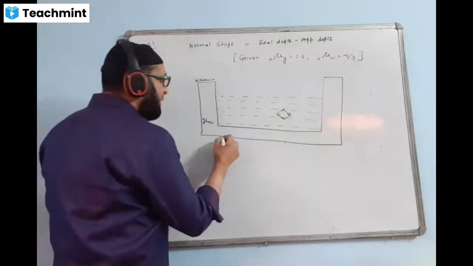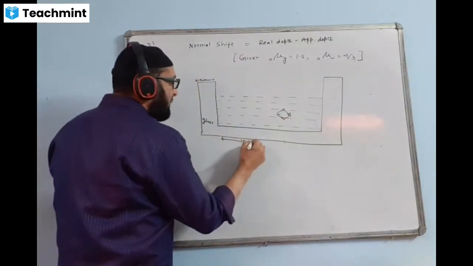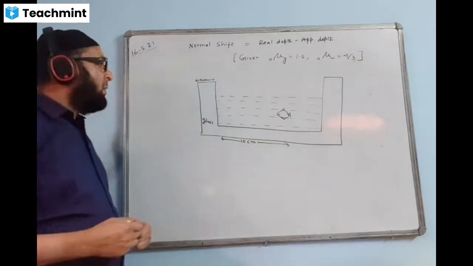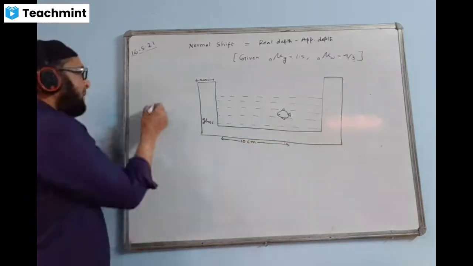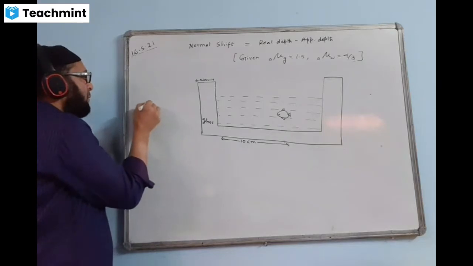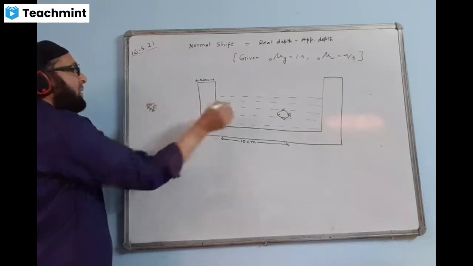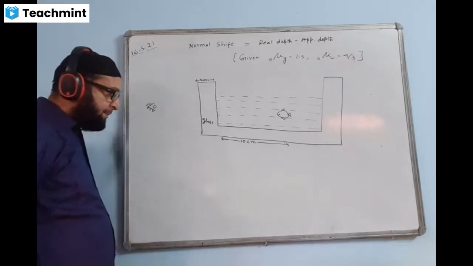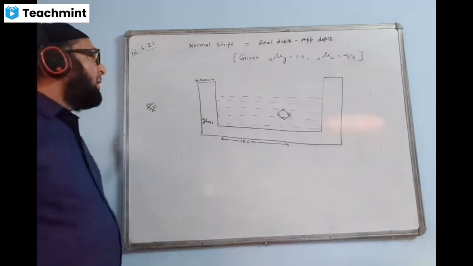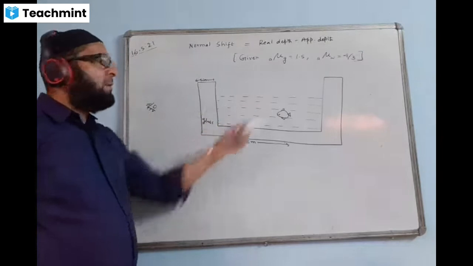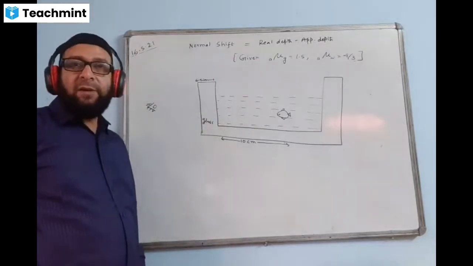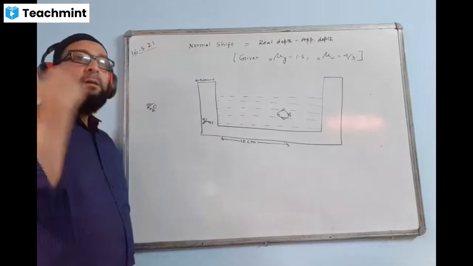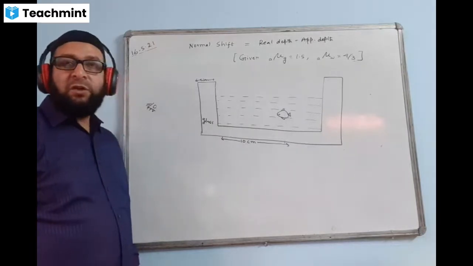This distance is given as 10 centimeters here. And here is the observer who has to see the fish. They're asking, this observer is trying to see the fish. Where will the image of the fish be, or what is the apparent position of the fish?